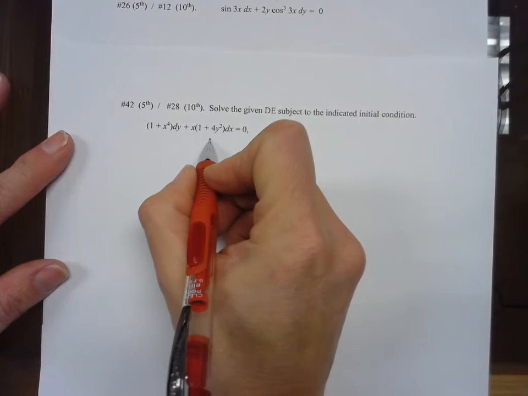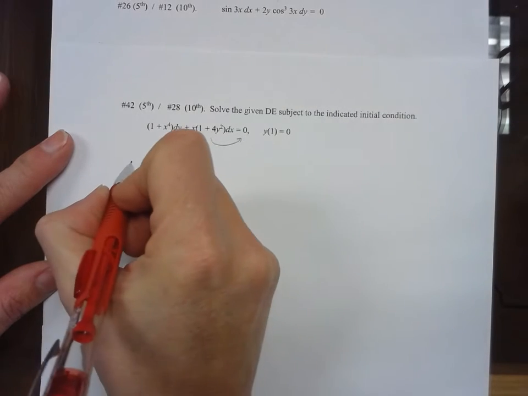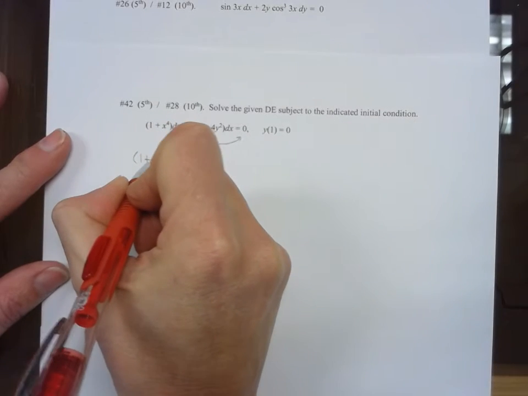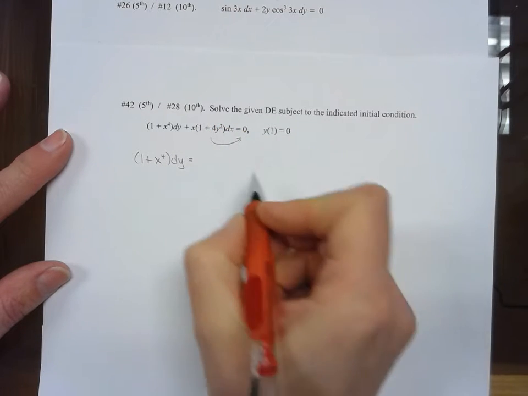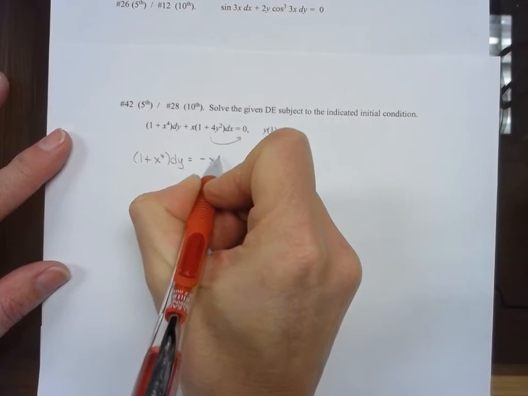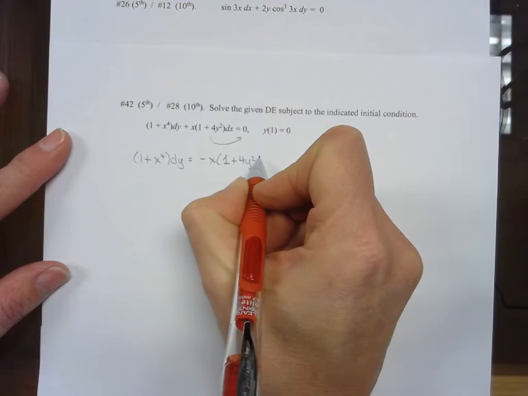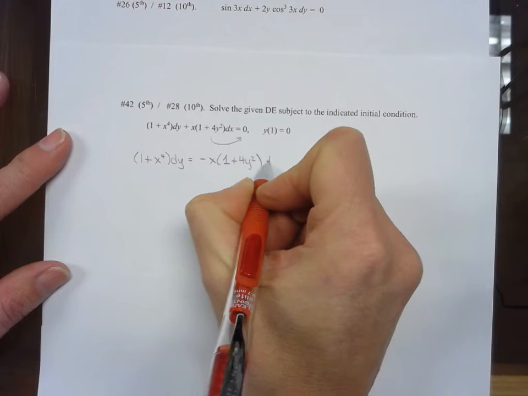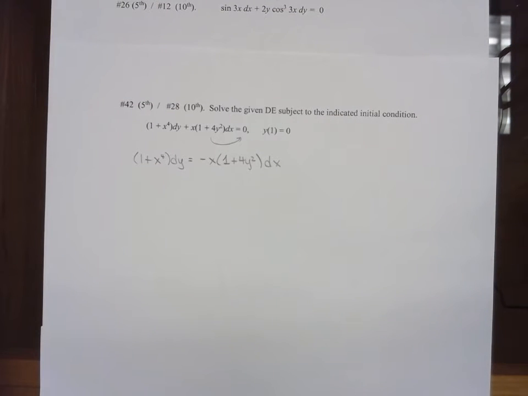So I'm just going to subtract that term and move it over to the other side. So we'd have 1 plus x to the fourth dy equals negative x times 1 plus 4y squared dx. And then I'm going to divide both sides by 1 plus x to the 4 and 1 plus 4y squared.